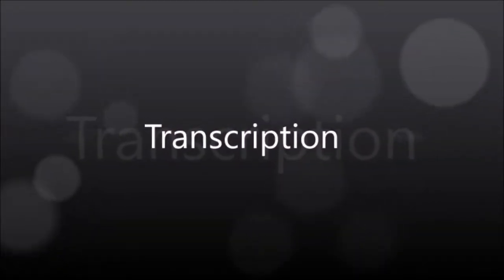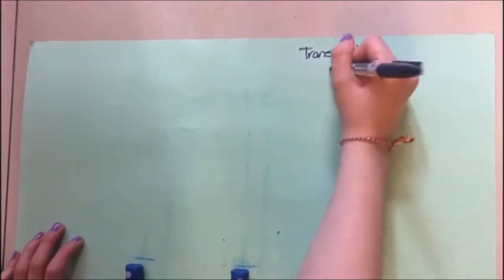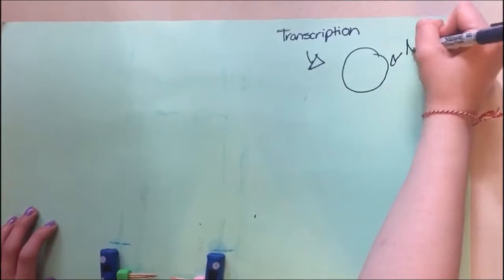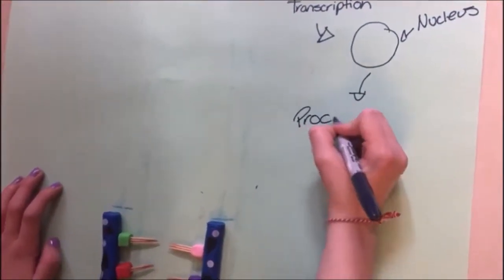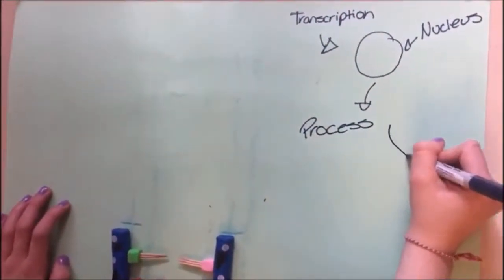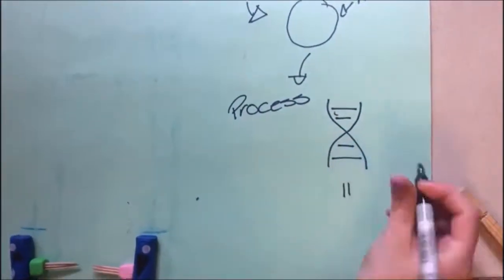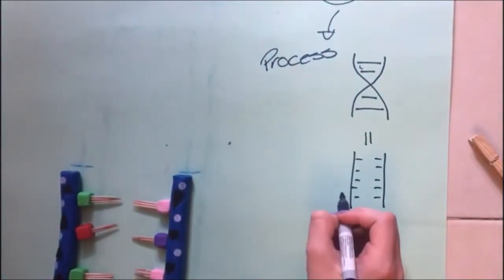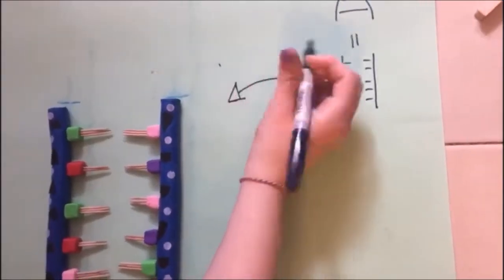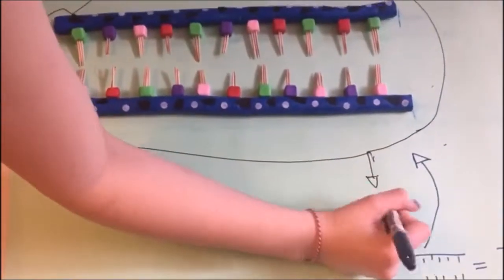Transcription. Transcription occurs inside the nucleus. During this process, the double helix is split into 2 separate strands by DNA polymerase. DNA contains genes.